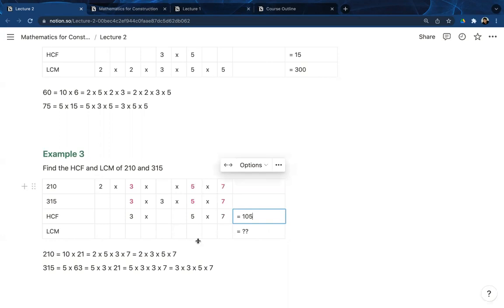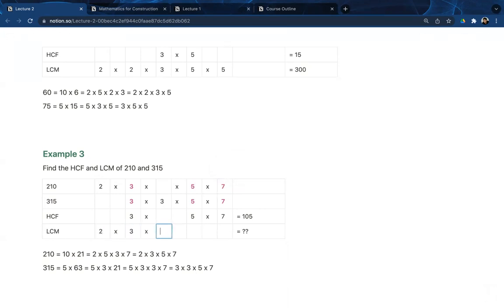Now the LCM is you multiply all the representatives of each column. So we have a 2 column, we have a 3 column, we have another 3 column, but it only has 1 3 in common. We have a 5 and we have a 7. Now this is a big number, okay?